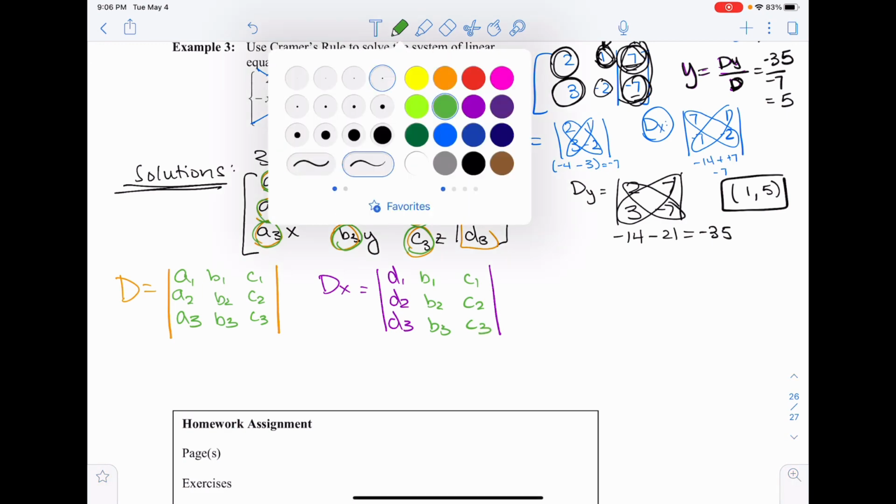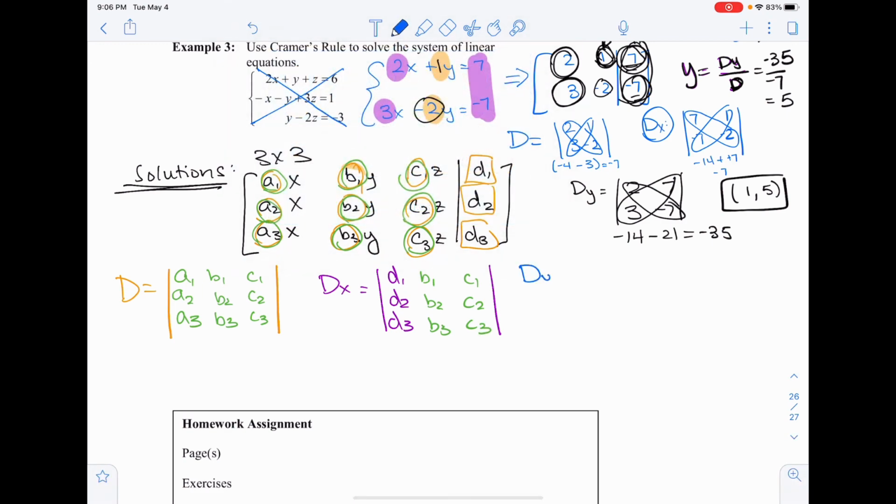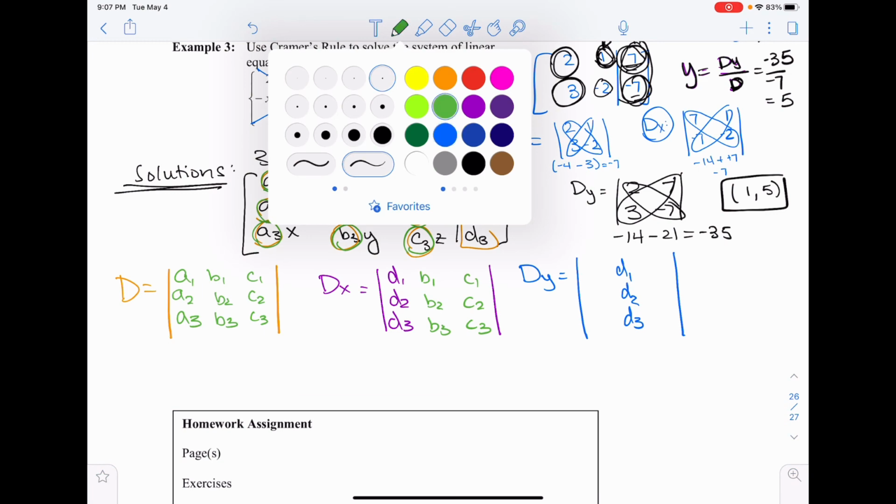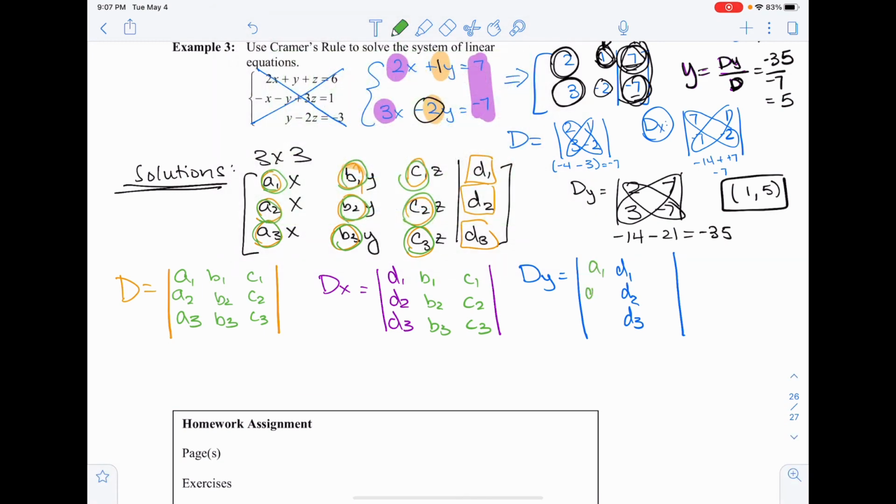To find the adjusted determinant for y, we would also keep the same, except for now we're going to change the y coefficients and replace it with the d's. So we're going to replace D1, D2, D3 in the y column, but everything else stays the same. So A1, A2, A3, and this would be C1, C2, C3.